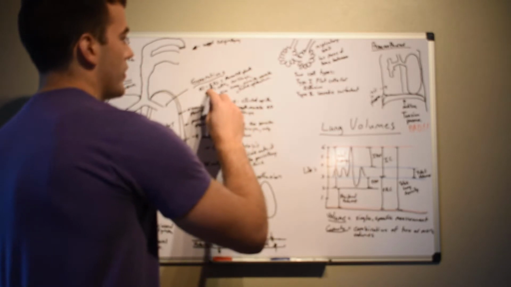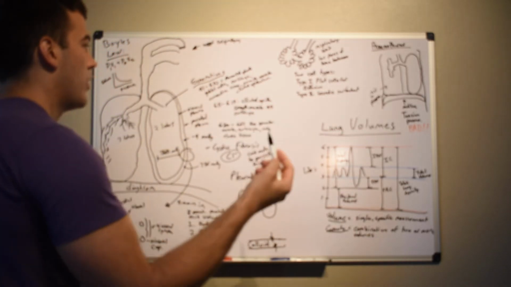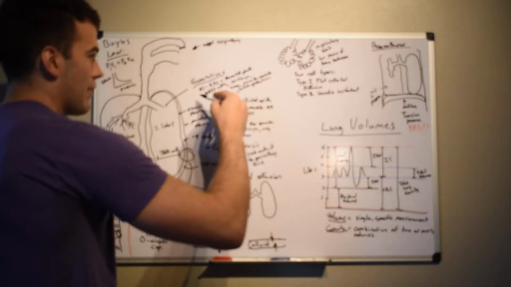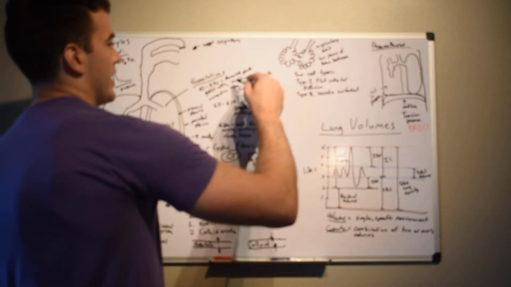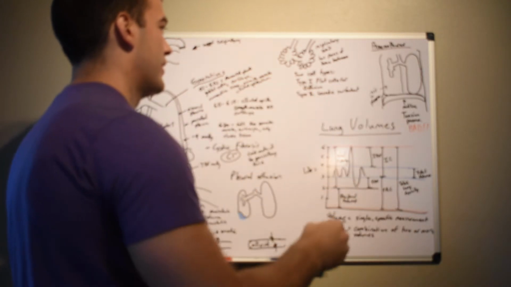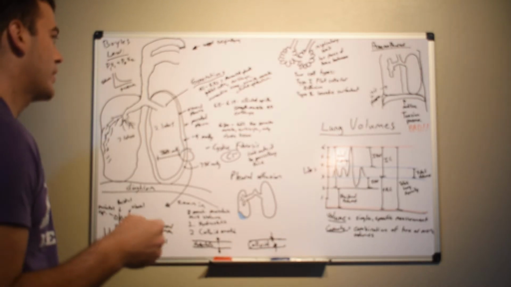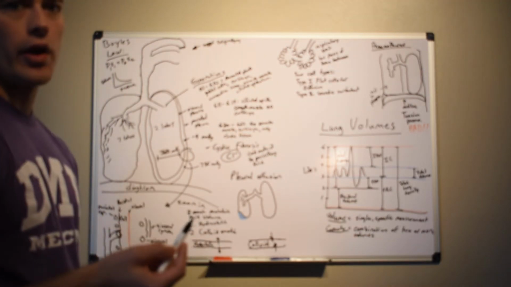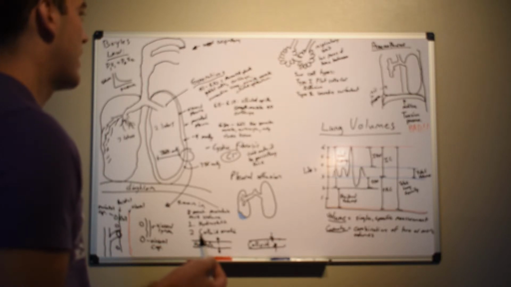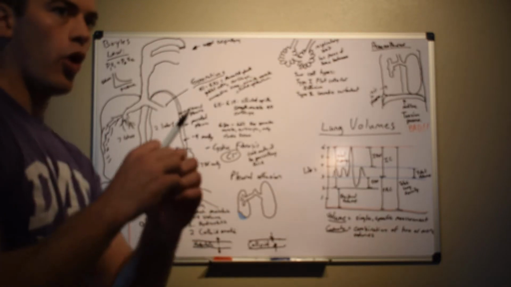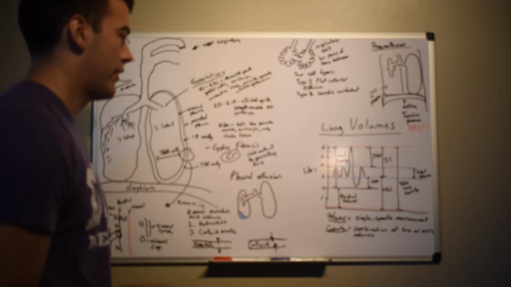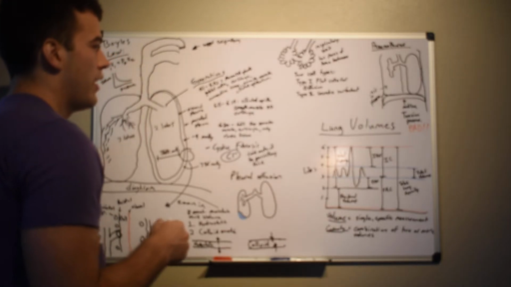Generations 1 through 10 are composed of mucosal glands, goblet cells, cartilage, connective tissue, smooth muscle, and ciliated epithelium. This is another area where particulates can be trapped in the mucus. The cartilage is there to keep the airway patent, to keep it open and allow air to pass through.